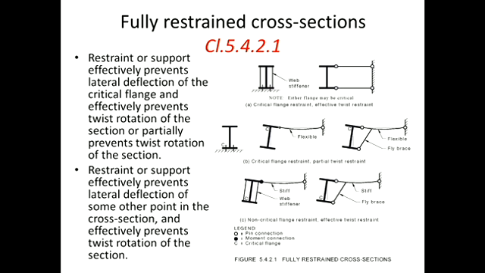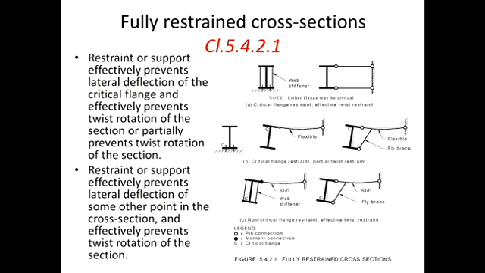And we can also look at critical flange restraint and also partial twist restraint. So if we have these conditions, the critical flange is restrained, and then we have partial prevention of twist, then the standard also says that we have full restraint.